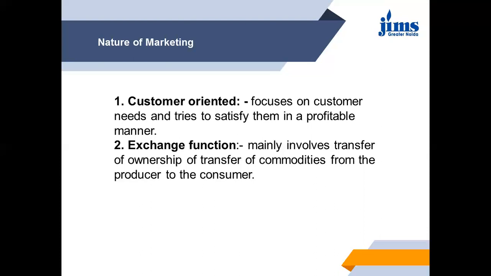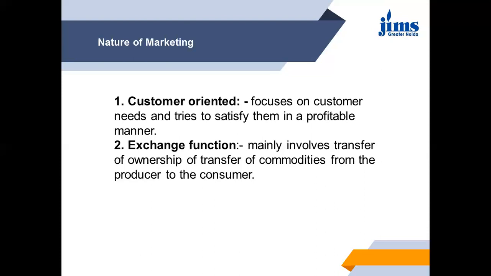The second characteristic of marketing is that it is an exchange function. Goods produced are of no use kept in the warehouse or the factory till the time they are exchanged with their ultimate owners. Initially, when the goods are produced in the factory or plant, they belong to the supplier, seller or manufacturer.